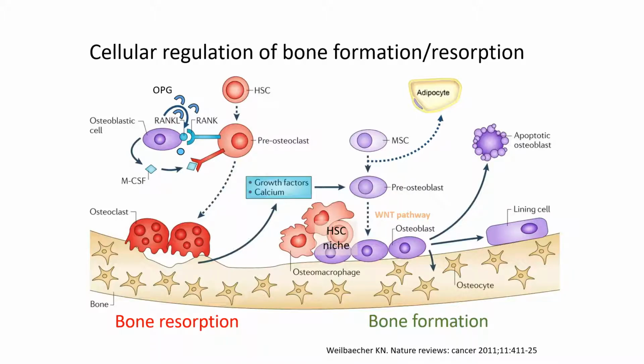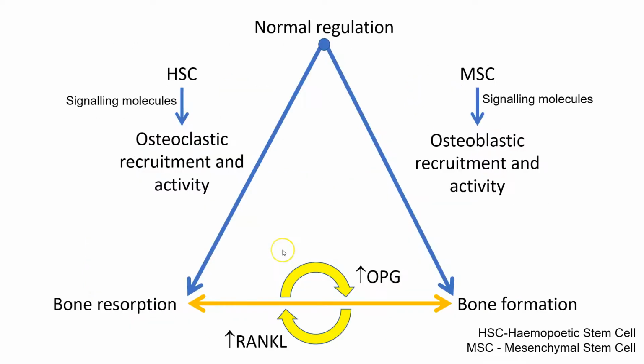So this is shown more simply in this diagram. Mesenchymal stem cells, common progenitor, pre-osteoblasts, all can mature into adipocytes. The osteoblasts mature using the Wnt pathway. Osteoblasts eventually lead to lining cells, or can become osteocytes. The osteoblasts are intimately involved in the formation and the maintenance of the osteoblastic niche.